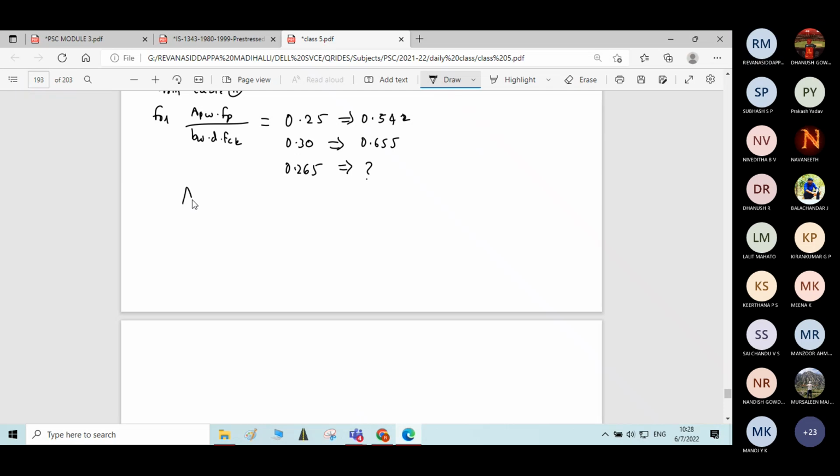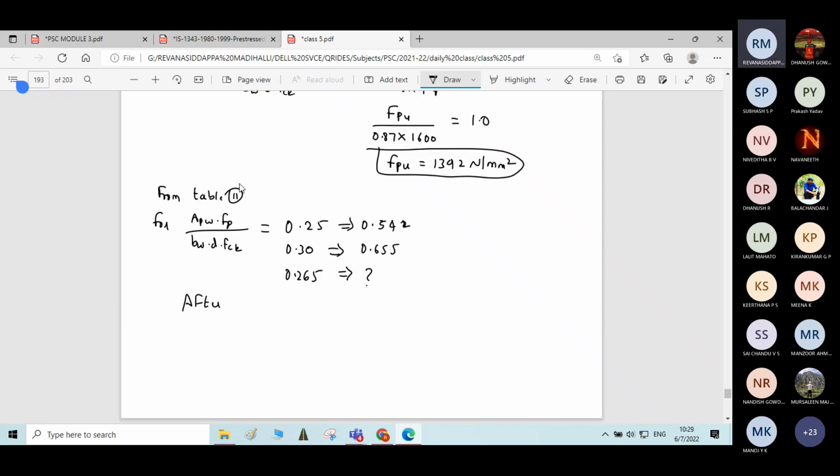After interpolation, these are the XU by D values.